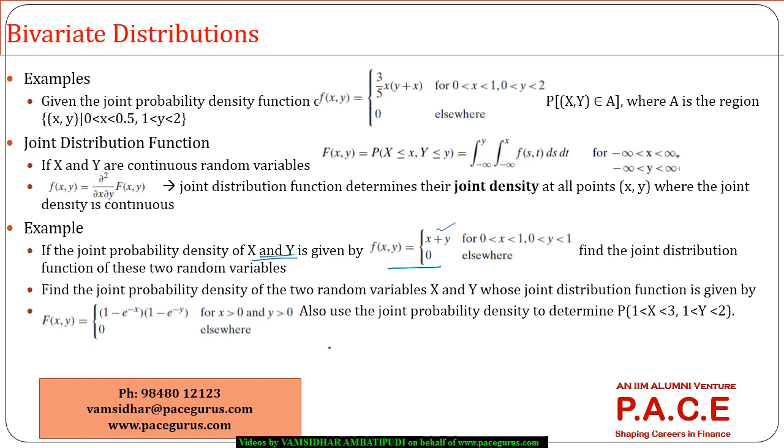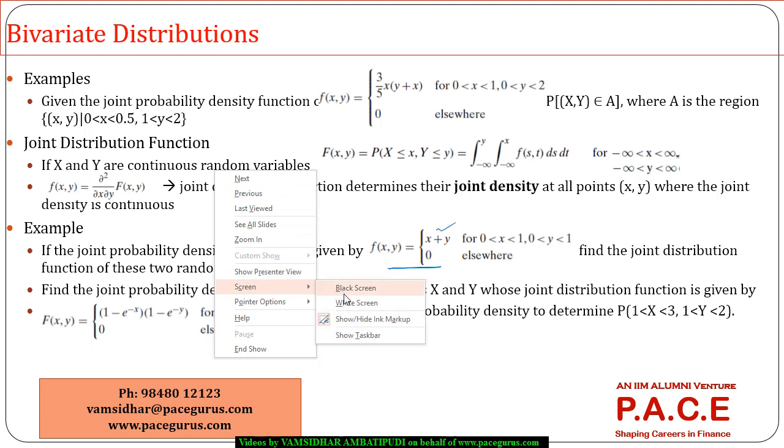For computing my F of xy, let me take a new screen. For x less than 0, y less than 0, I can say F of xy is 0. For x greater than 1, y greater than 1, I can say F of xy is 1. So I could look at only between 0 and 1.